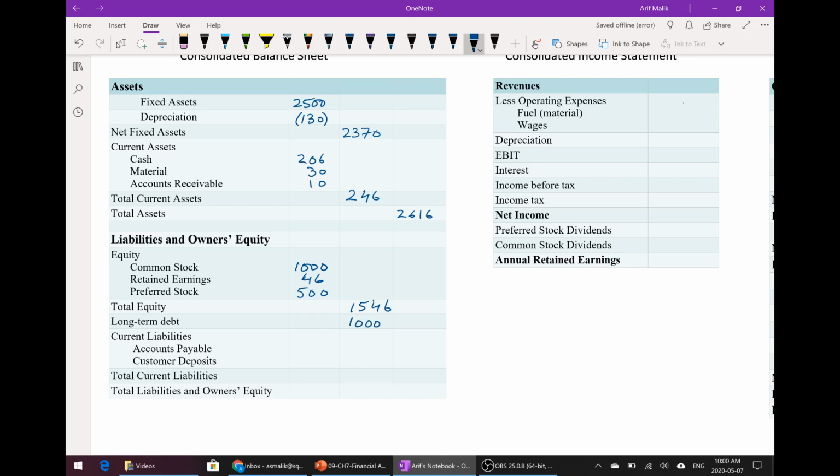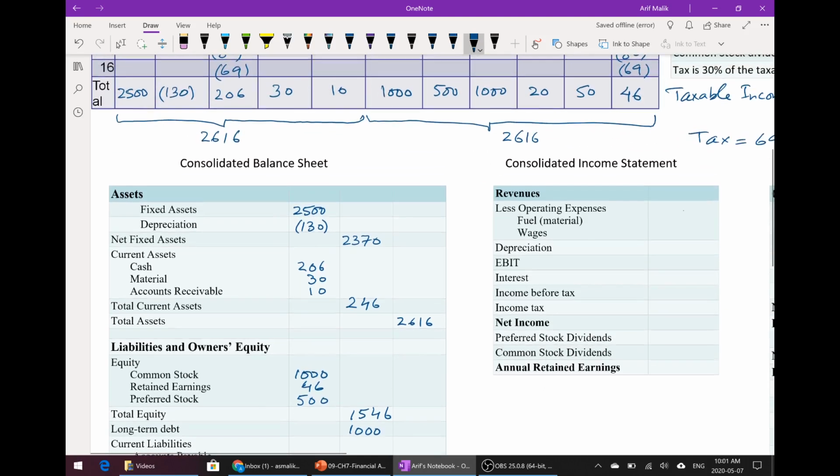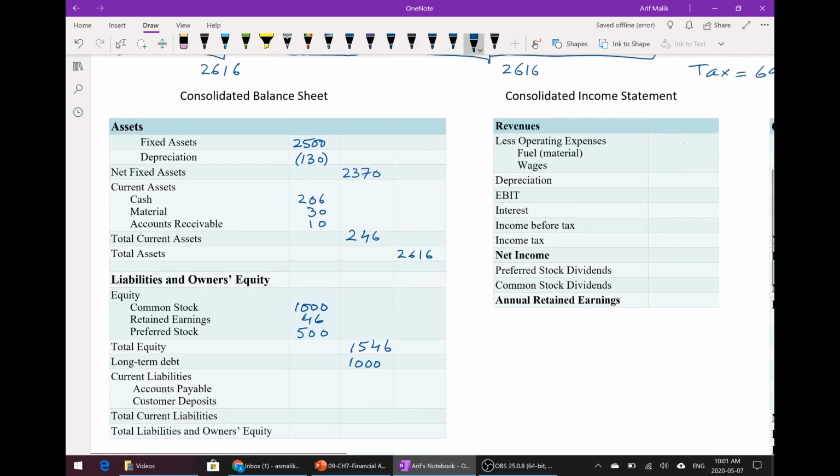These are not payments of the bonds which we have bought, we have sold, sorry. So this is 1000, and then we have the current liabilities. Accounts payable are 20.